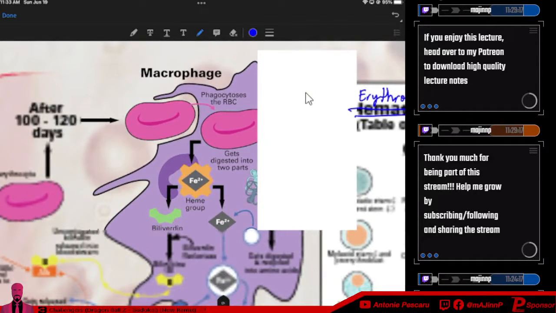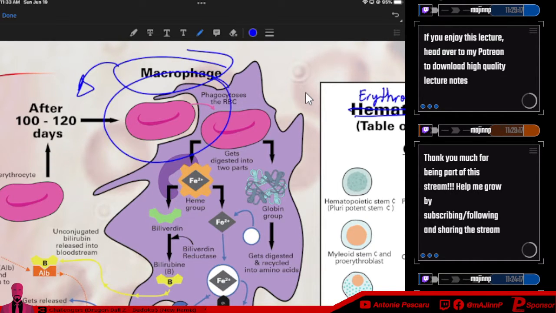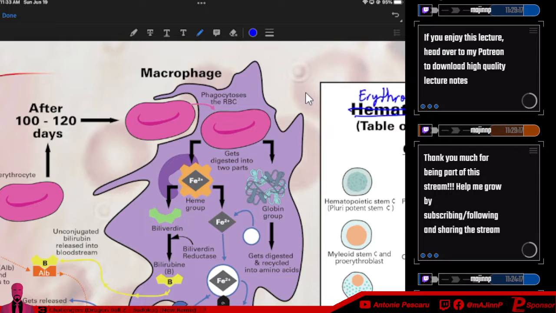Now, I didn't precise it here on this slide, but usually the death of the red blood cell happens wherever you have sinusoidal capillaries. Sinusoidal capillaries meaning that they're spaced in between themselves. And if the red blood cells get stuck in there, that's where your macrophage comes in and phagocytoses the red blood cell.